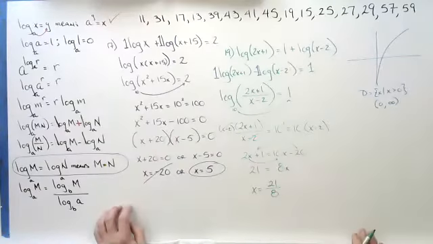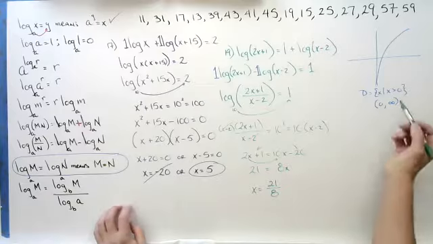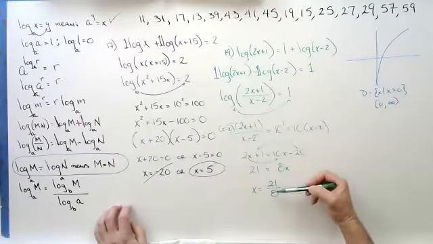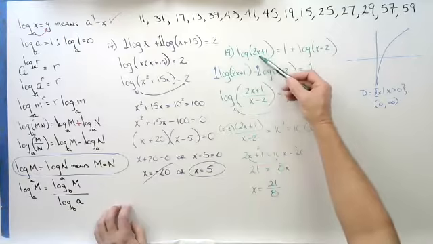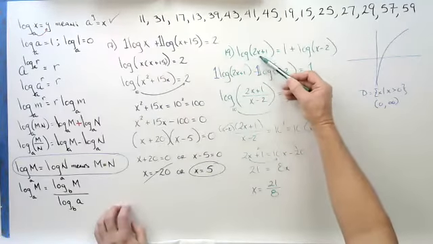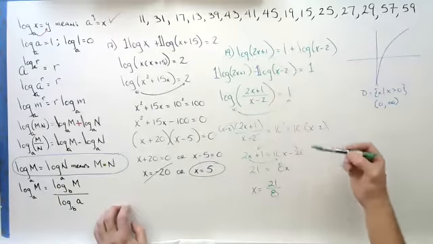Now we check to see if that works. We can't check to see if it works by plugging in and getting the numbers to equal. Remember, we check to see if it works by seeing if it's in the domain, right? Is it in the domain? So I take 21 over 8. 21 over 8 times 2 is positive. 21 over 8 times 2 plus 1, positive.